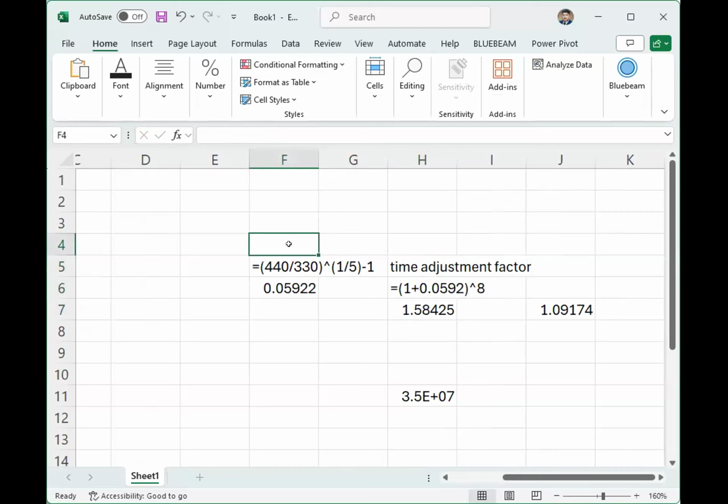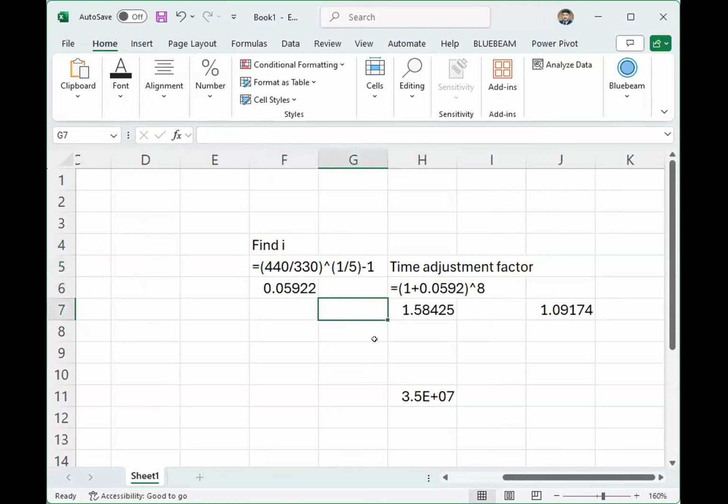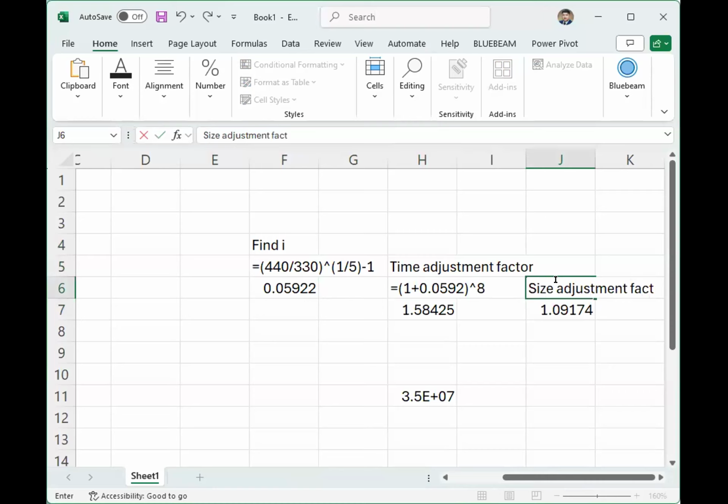Okay, and this one is how to find the I. So next time we will do the quiz using Excel, okay? This time we don't, and this is the size adjustment. And this is easy.